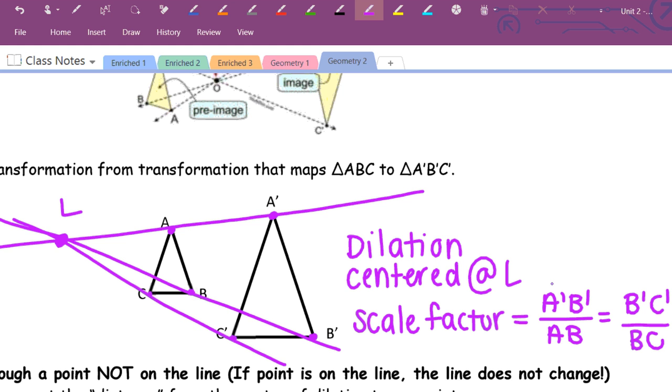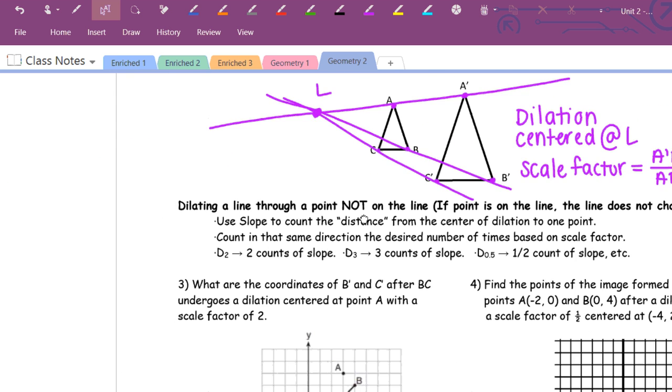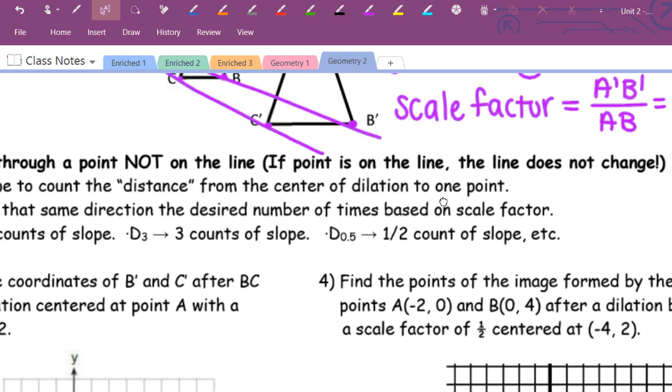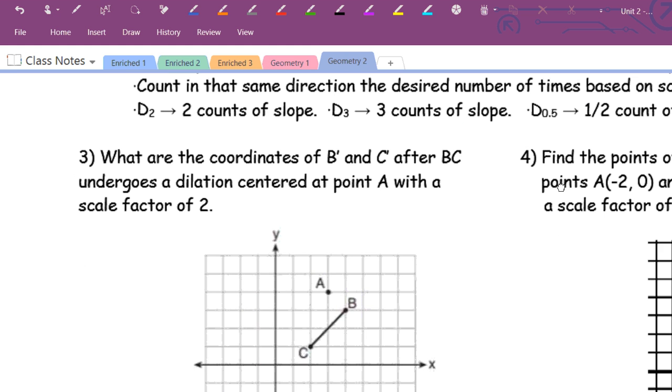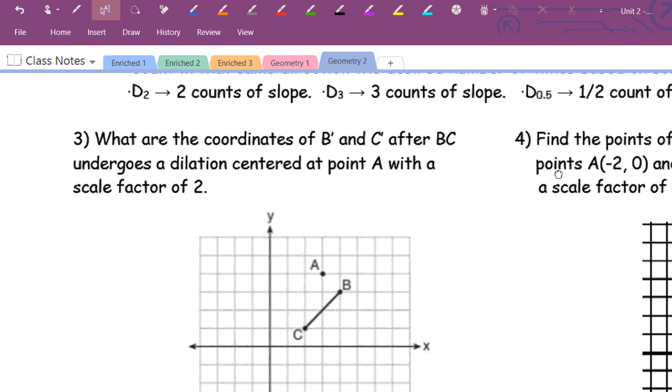Next one up. If we're dilating, take a look at question number 3. I think that you're good enough to do this on your own right now.